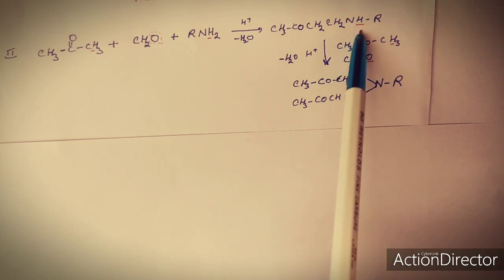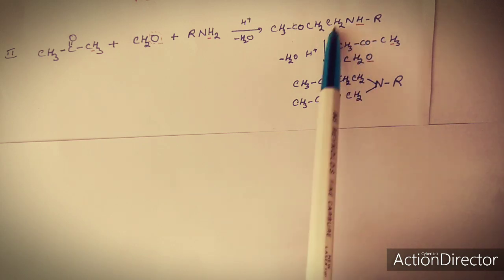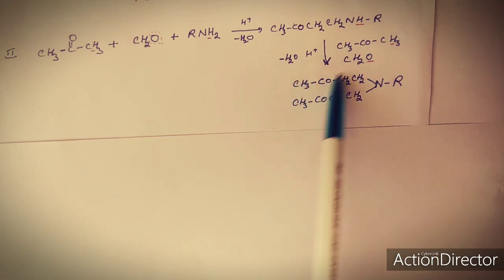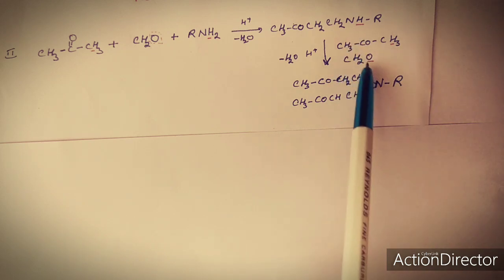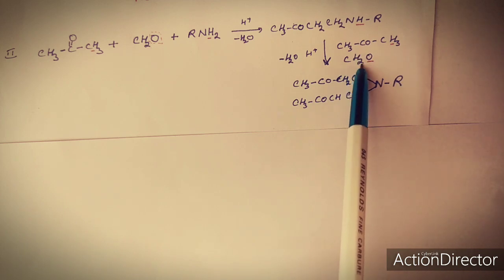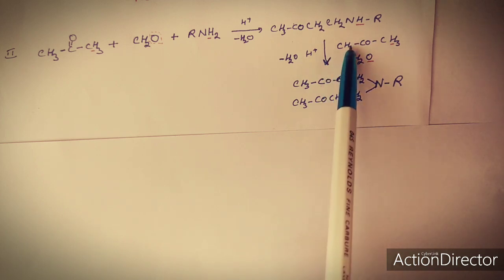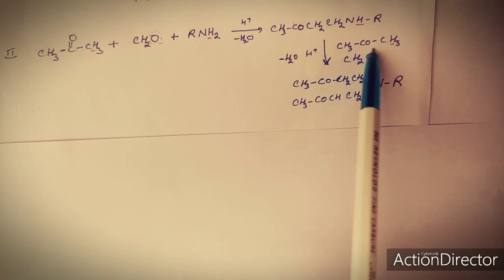NHR. Now still another hydrogen is there, so it can once again react with another carbonyl, another formaldehyde in the same way. This formaldehyde will react with it again to form another iminium, and that iminium will react further with our carbonyl.